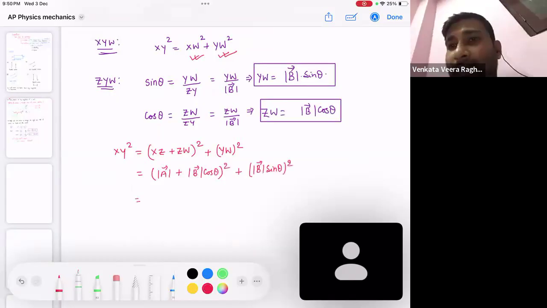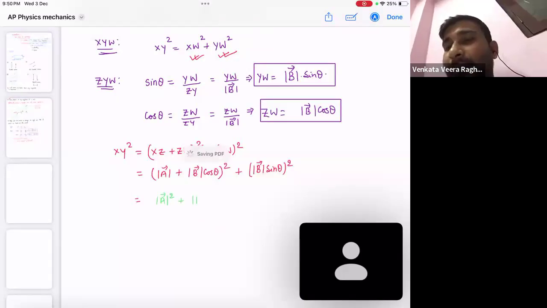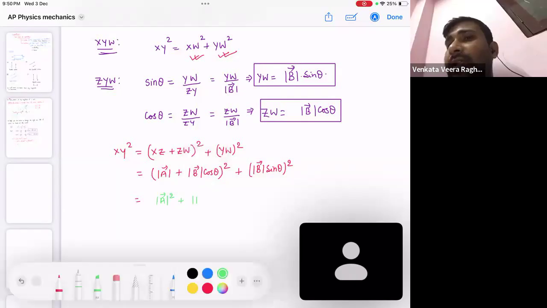So what will it become? Mod A squared, plus mod A squared next, we have (A plus B cos theta) whole squared. The next, what we will have?